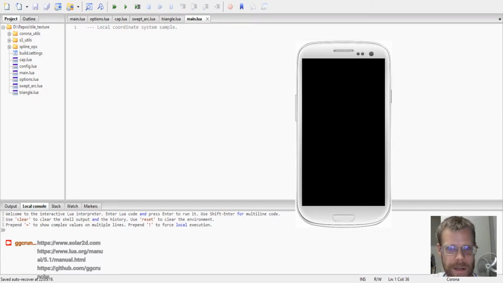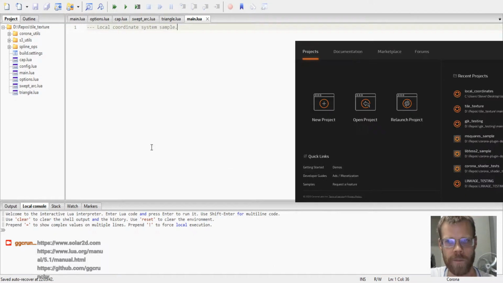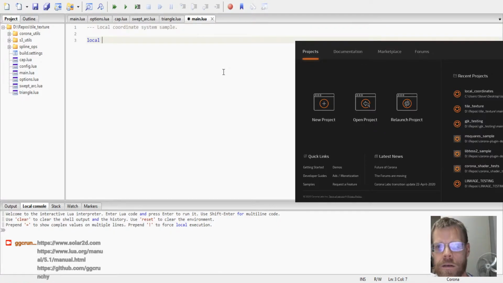So there's nothing there yet, because we have no code. Let's say we started with a rectangle and put it in the middle of the screen.